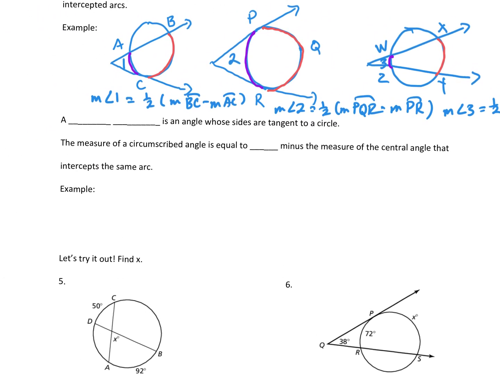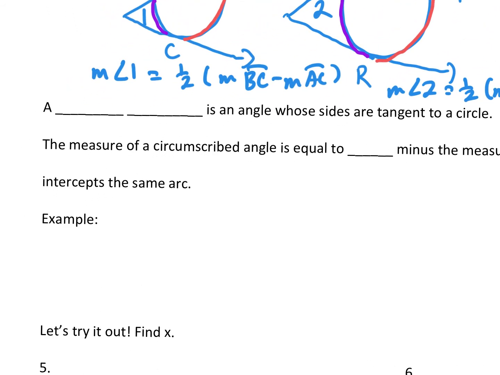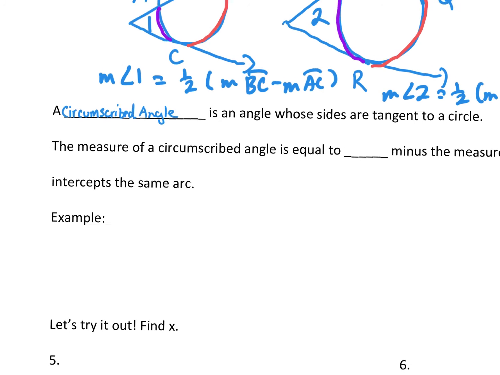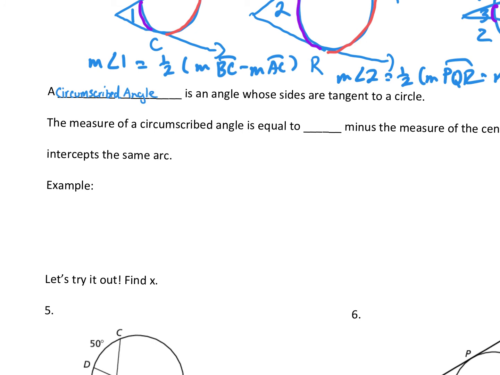Next, a circumscribed angle. A circumscribed angle is any angle whose sides are tangent to a circle, and the measure of the circumscribed angle is equal to 180 degrees minus the measure of the central angle that intercepts the arc. So if we had a circle like this, here's the center, and then we have the two tangent lines here and here.